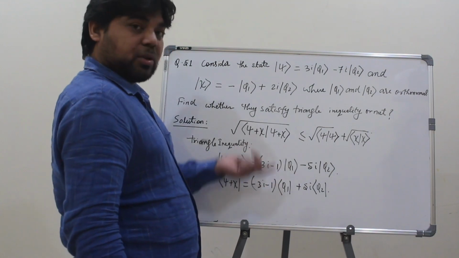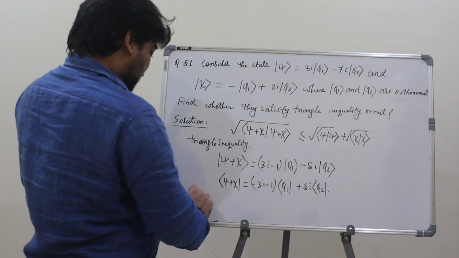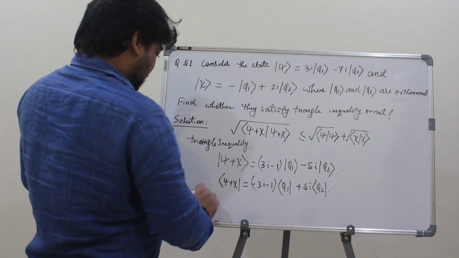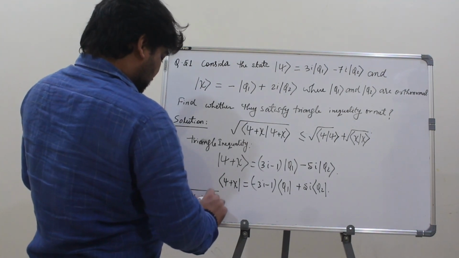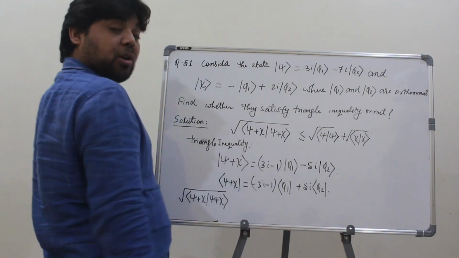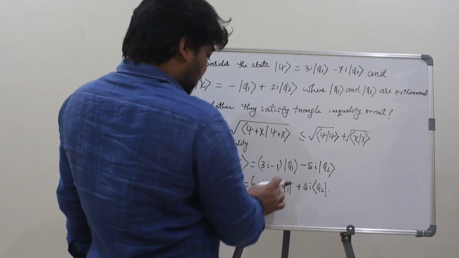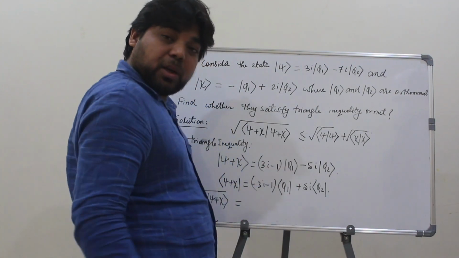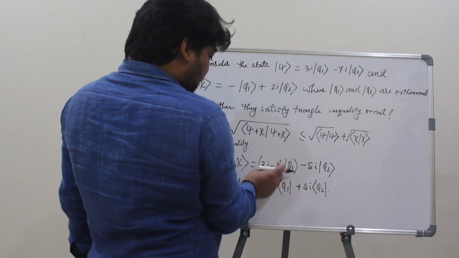Now just take the inner product of these two, the inner product of psi plus chi with itself, under the root, keeping in mind that phi1 and phi2 are orthonormal. So just multiply it. This gives a square minus b square, treating this as a.